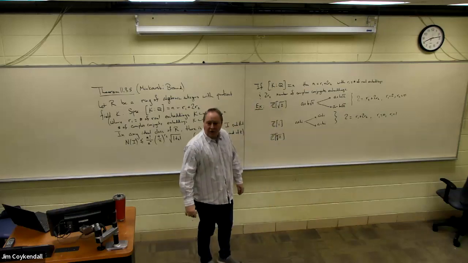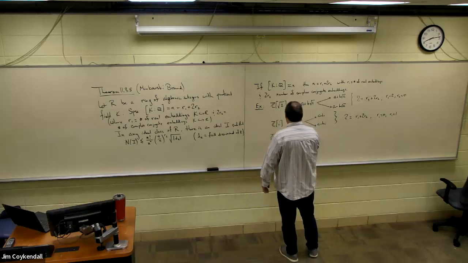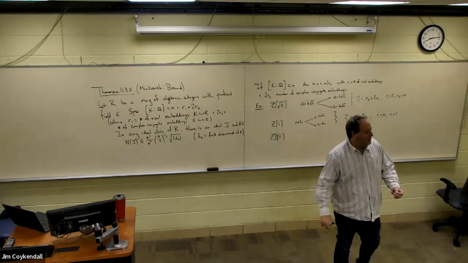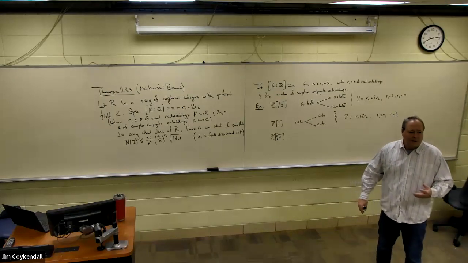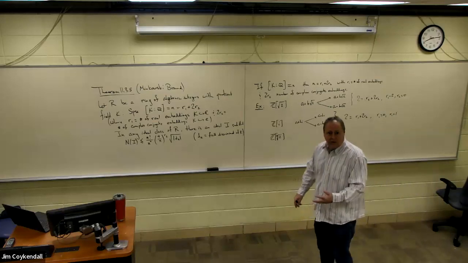Here's one that's got a little bit more flavor to it, right? Notice that as a ring, this is generated over Z by the element cube root 2, right? So ask yourself this. If I'm gonna have a complex embedding, where can I take cube root 2?